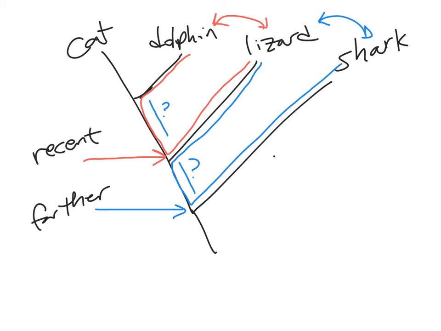So what would happen if I drew this? This is an extreme case. Cat, dolphin, lizard, shark. Which are more closely related? Dolphins and lizards, or lizards and sharks?